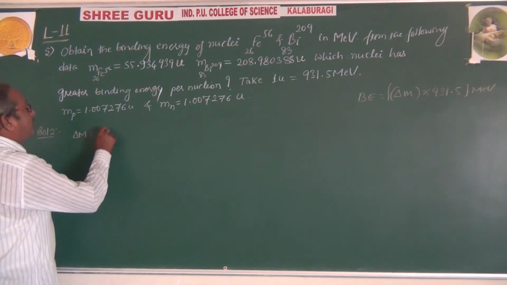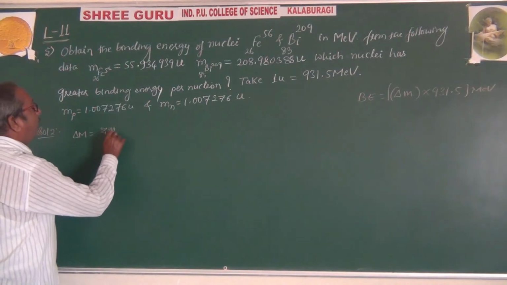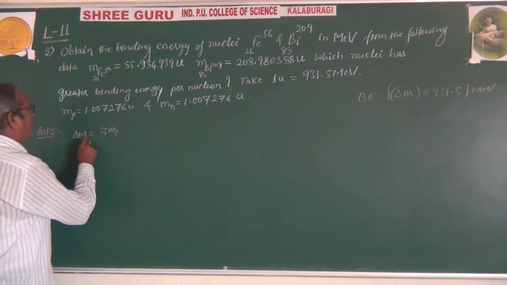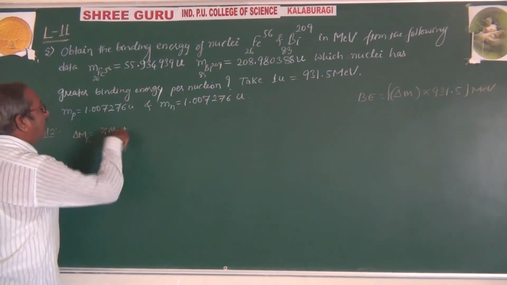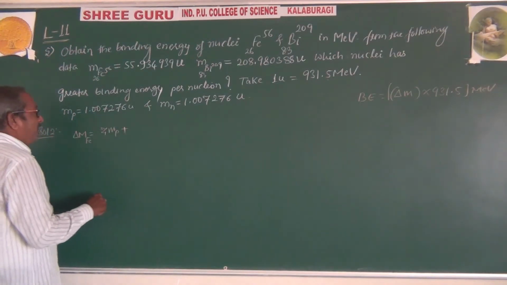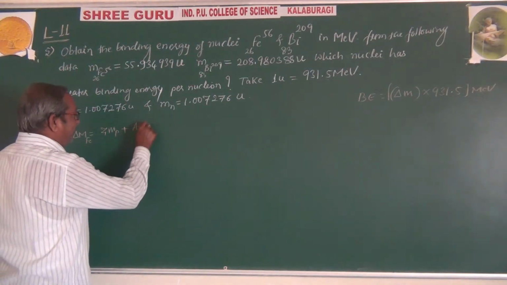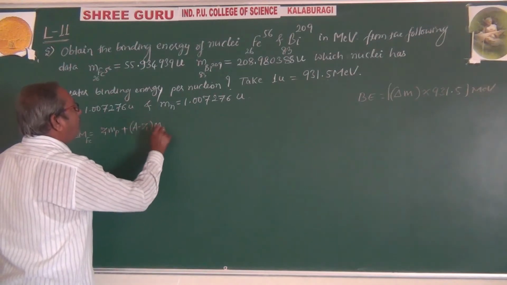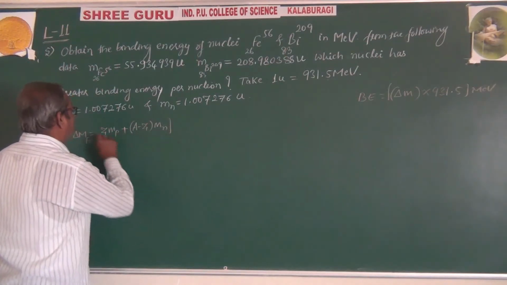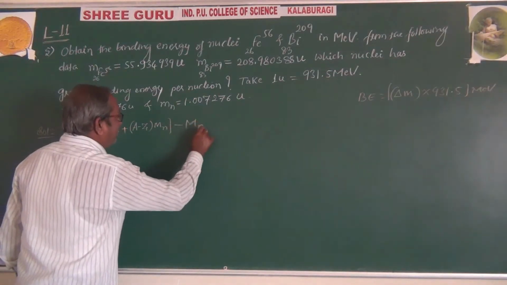So Z represents the number of protons, Mp, this we will go for iron Fe, plus the number of neutrons, that is A minus Z, into the mass of neutron, minus the rest mass for iron.